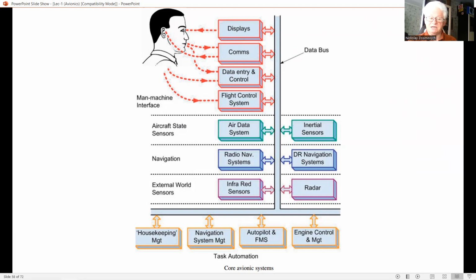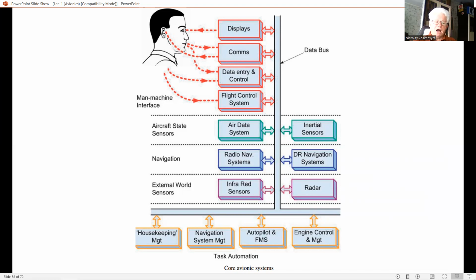Space constraints limit the coverage to the systems shown in this slide: display, data entry and control, flight control, inertial sensor systems, navigation systems, air data systems, autopilot, and flight management systems. Yes, certainly data buses and avionics systems integration. It is not possible to cover communications, radar, infrared systems, engine control, and housekeeping management.